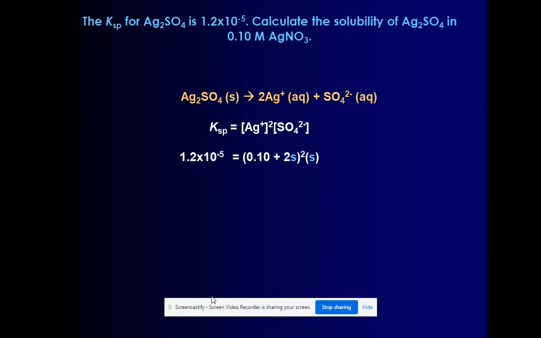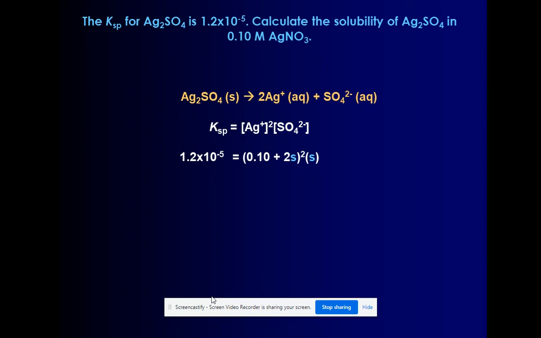I will tell you that when you have a common ion, and if you look at the value of your Ksp compared to that concentration of silver, you see that they are off by a 10 to the 4th. You are going to be allowed to exclude that the change in solubility, that 2s, is going to be negligible compared to the concentration of the silver ions that are already present.